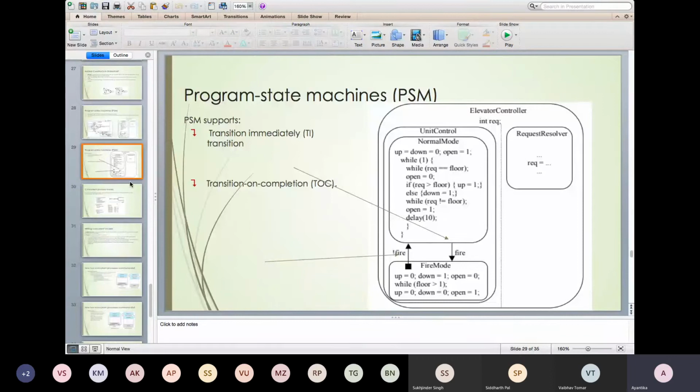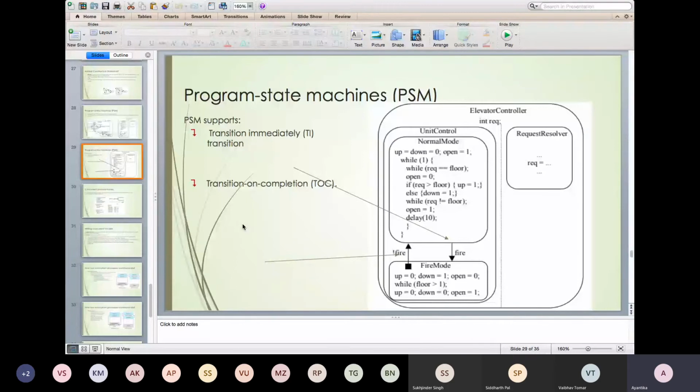So in fire mode, we are following the transition on completion. But in normal mode, we have to consider the immediate transition.